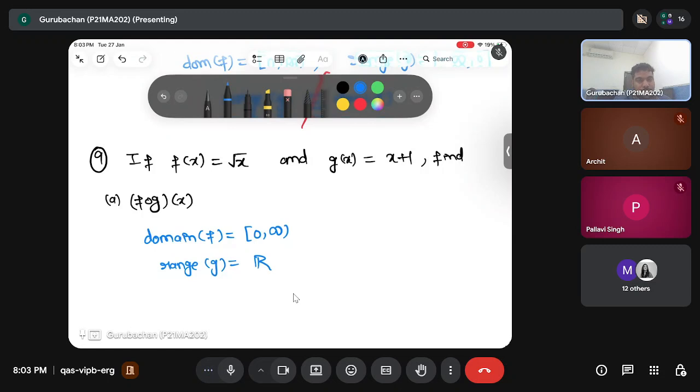Correct? Yes, sir. So when will the range of g be contained in the domain of f, for which values?